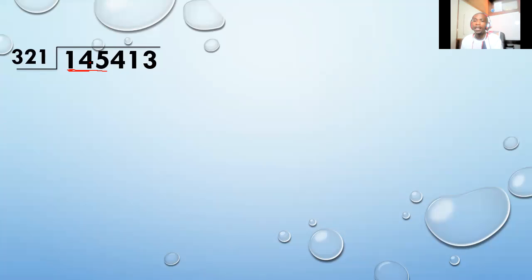But now 145 is less than 321. So we consider using 4 digits. Now this one is a big number to divide enough. 1,454. Okay. So now we say 1,454 divided by 321.